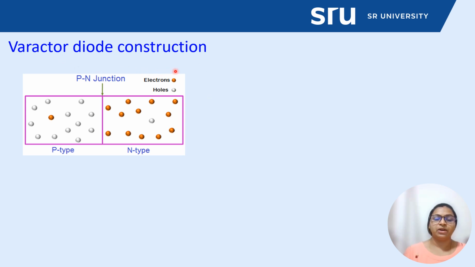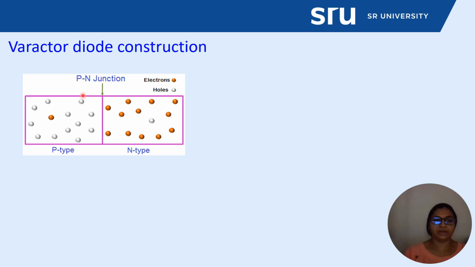As we already know, the Varactor diode is made up of a p-type and an n-type semiconductor. In p-type material there will be a majority of holes, and in n-type material there will be a majority of electrons. So in the n-type semiconductor, the free electrons act as majority carriers and holes act as minority carriers.